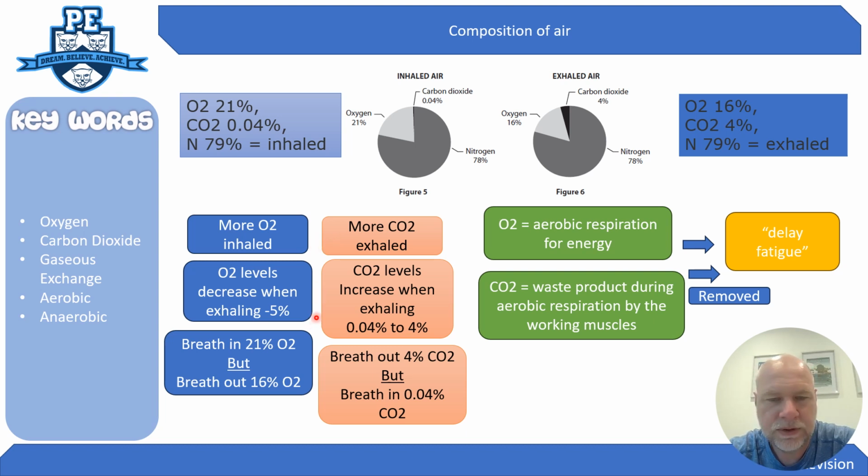These are all very similar analysis points: oxygen levels decrease when exhaling by about 5%. CO2 levels increase when exhaling, and you can give the numbers 0.04 to 4%. So all we're saying is that more O2 is inhaled, more CO2 is exhaled.